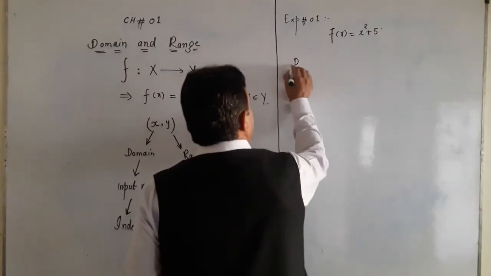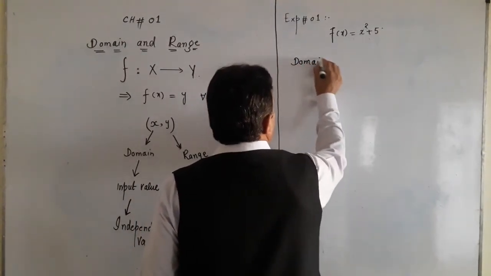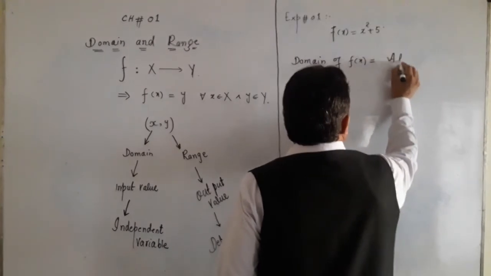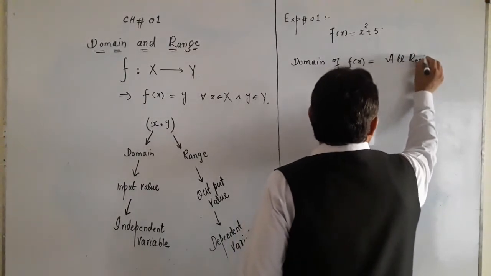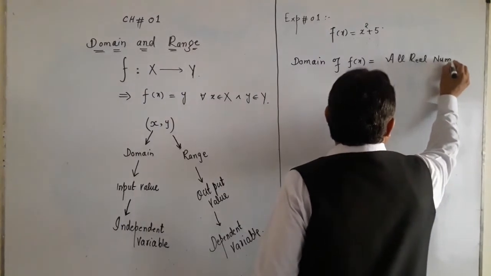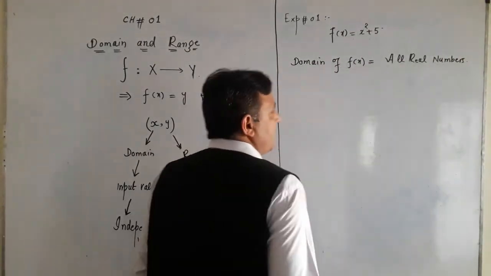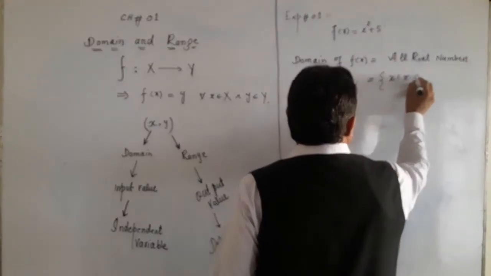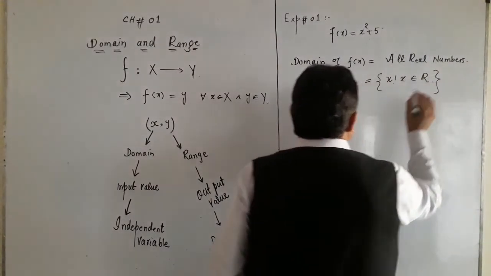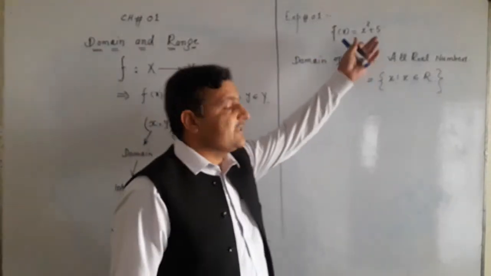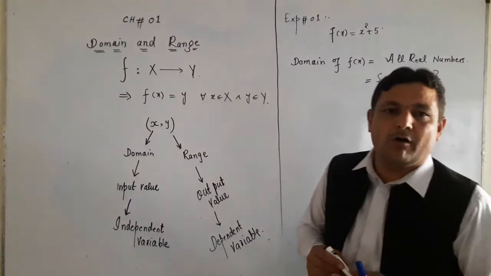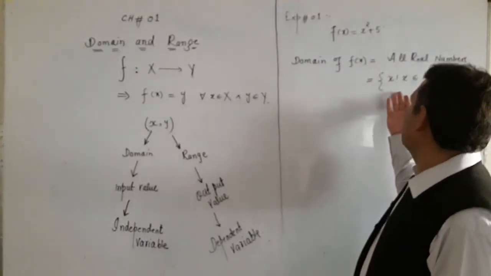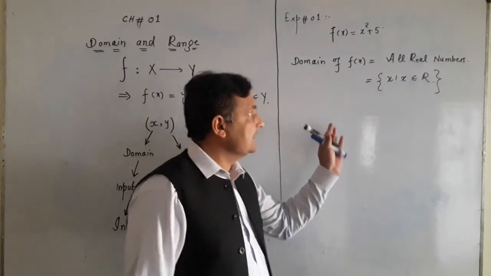It means that the domain of f of x is equal to all real numbers, or domain of f of x is equal to x such that x belongs to R, because f of x is defined for every real value of x.